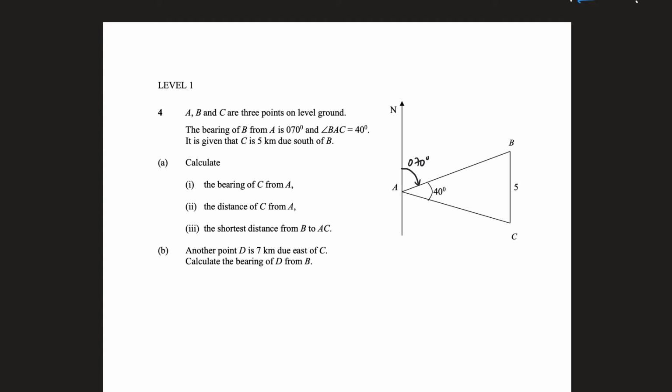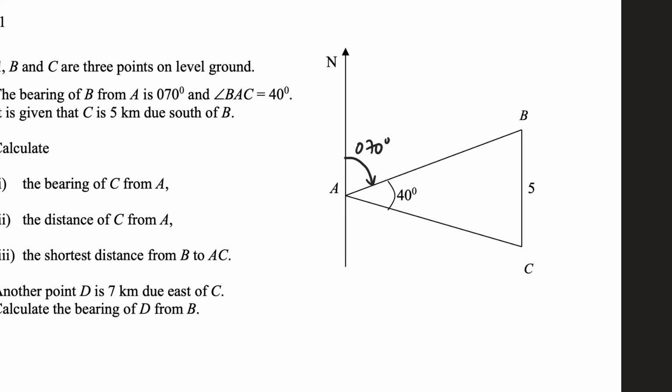And angle BAC is 40 degrees, over here. And it's given that C is 5 km due south of B. So that tells me this is north, this is south. North and south, so these two lines are actually parallel. Now we need to calculate the bearing of C from A. So we start at A, the north is there, and we go clockwise until we reach C. We're looking for this.